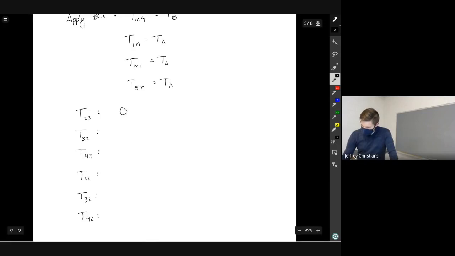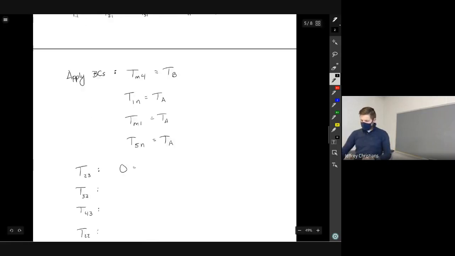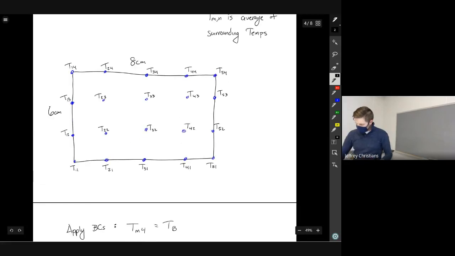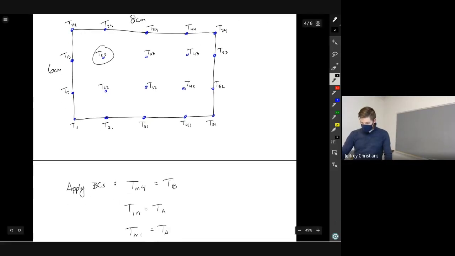So this gives 0 equals, this one's going to be the average of the 4 around it. So we're looking at first that temperature. It's going to be the top, the right, the bottom, the left. So that's TB at the top, T33, T22, and then TA at the left.